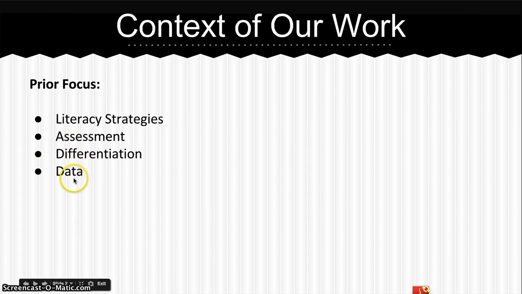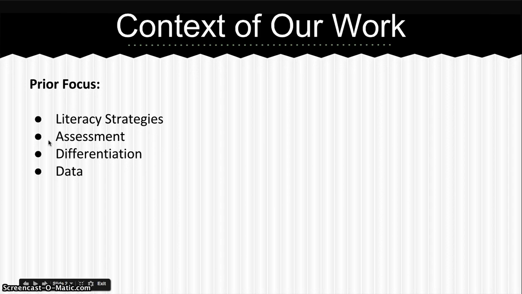I'll skip differentiation for a second. Into the data, where we looked at pre-data, or what I call diagnostic data, formative data, and summative data, and how we use those elements differently, how we might use learning profiles to figure out how students learn better, or how we can help engage them a little bit differently. And we spent a little bit of time talking about differentiation.